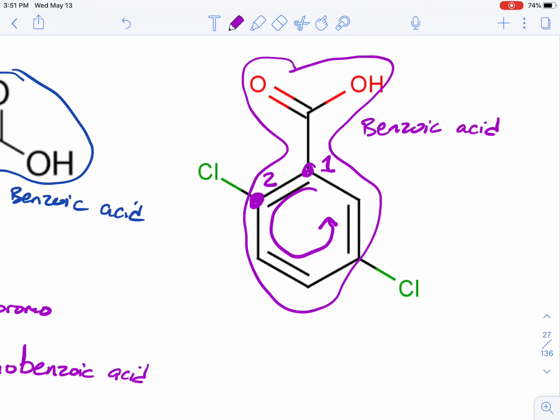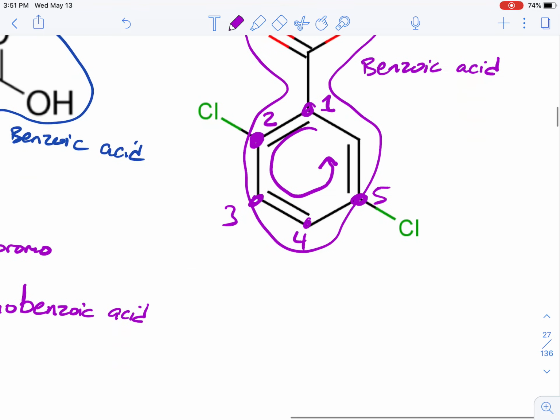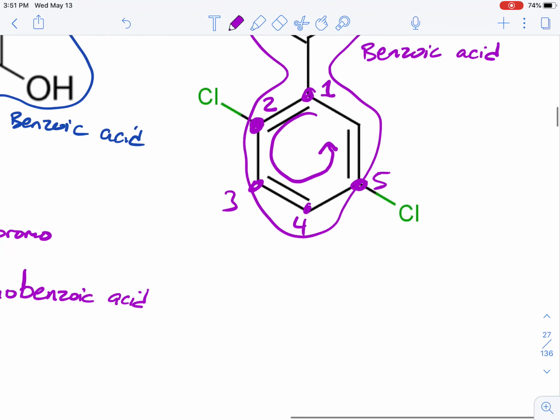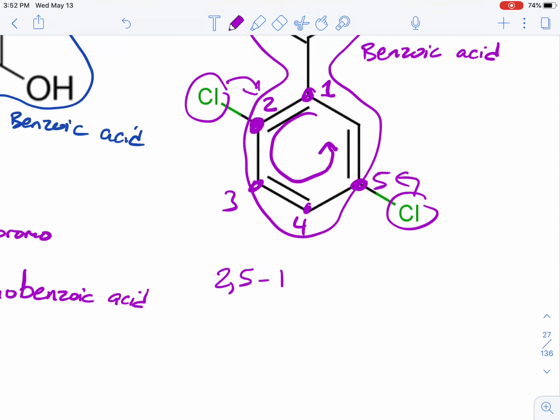And so this is 1, 2, 3, 4, 5. And so since I have 2 chlorines on carbon 2 and carbon 5, I'm just going to say 2,5-dichlorobenzoic acid.